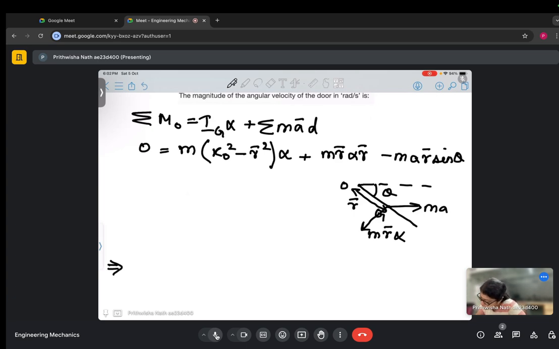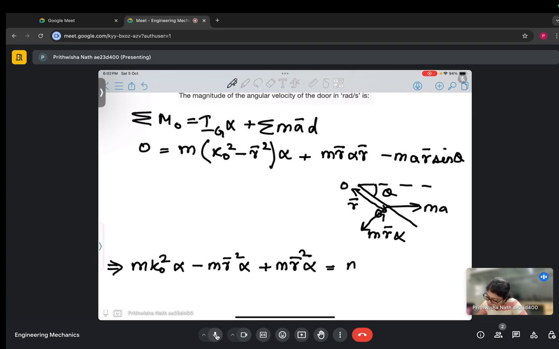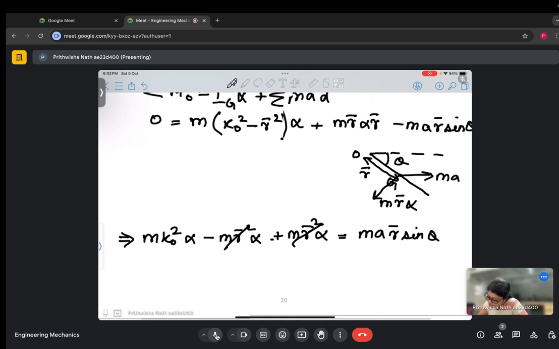So m k_O square alpha minus m r bar square alpha plus m equal to m a r bar sine of theta. So these two cancel out, m cancels.